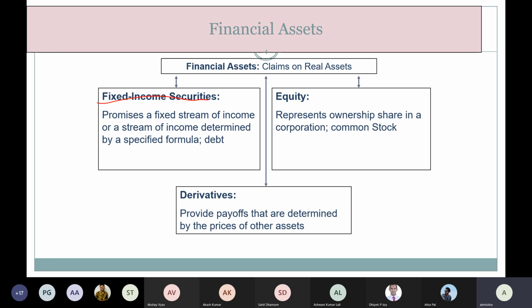So at every regular time period, you will have a certain income, and that's why we also call these debt instruments fixed income instruments or fixed income securities.